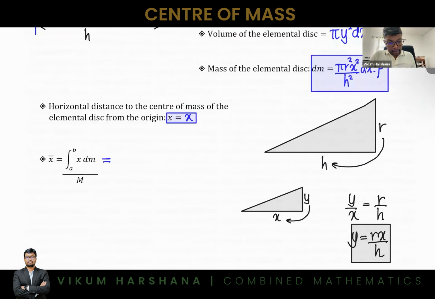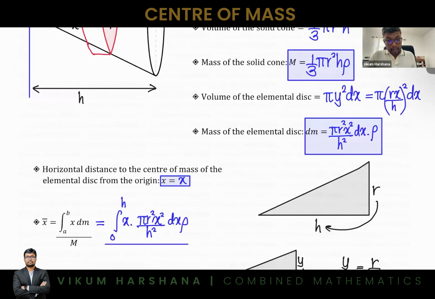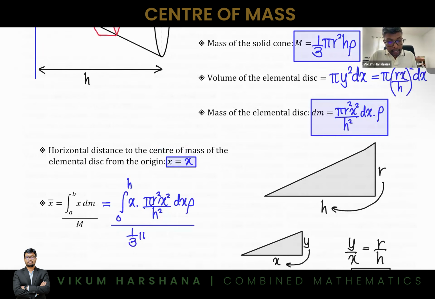So that's the limit. Now let's write integrate from 0 to h, x is still x, dm is pi r squared x squared over h squared dx rho, divided by the mass. Mass is 1/3 pi r squared h rho.